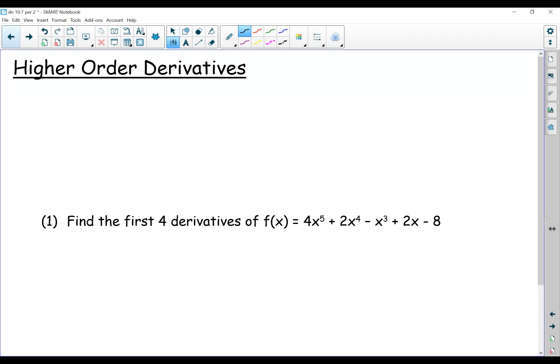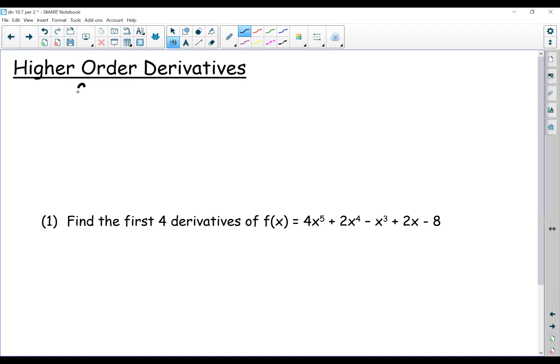Higher order derivatives. So last unit we learned that there's such thing as a first derivative, and then I was like, oh, and there's a second derivative. And so in the world of slopes, we can actually keep finding the derivatives of each slope function until we can't anymore, and those are called higher order derivatives.